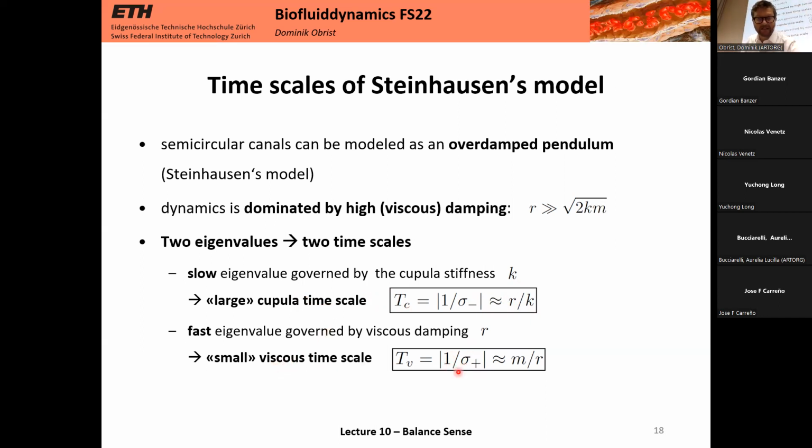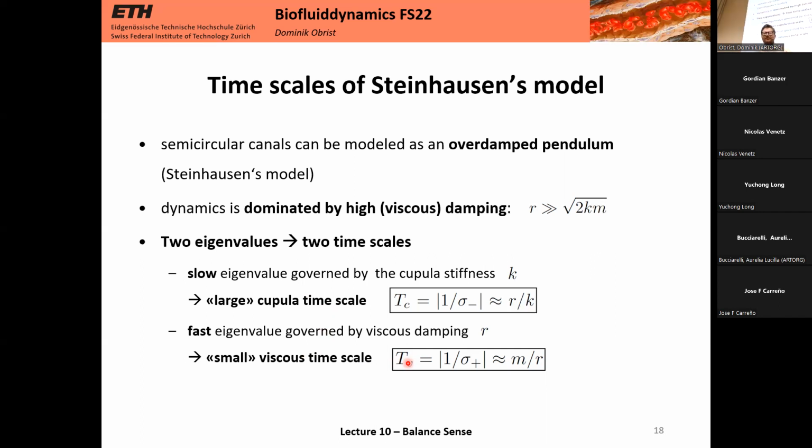The second eigenvalue, 1 over sigma plus, can be approximated by m over R. So this has the mass in it and the large damping. The mass is small, it's a tiny little object. The damping is large, so this is a very small number. This number turns out to be on the order of about 10 milliseconds. Maybe you remember 10 milliseconds. That was the speed of the reflex.